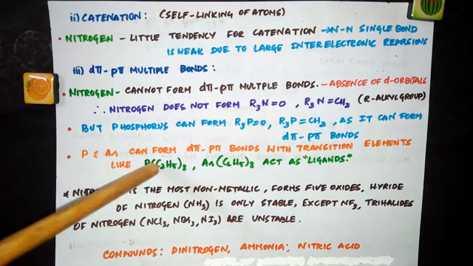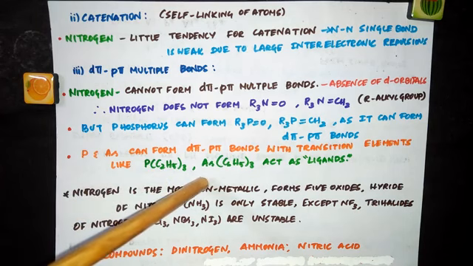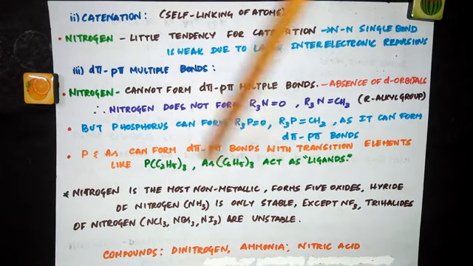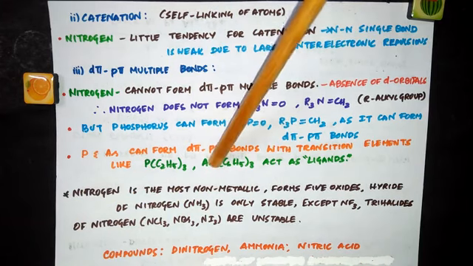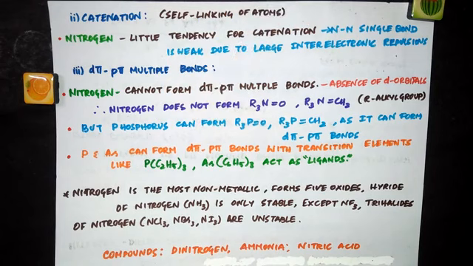This is called triethyl phosphine, and this is triphenyl arsine. So these two, when they act as ligands, can form dπ bonds with transition elements. But all you have to understand here is that nitrogen is not capable of forming dπ multiple bonds.